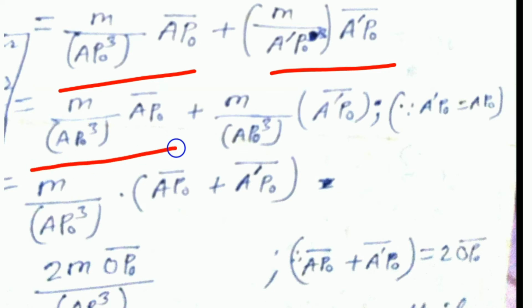So we know that A dash P0 is AP0 in magnitude, so in this A dash P0 we take AP0.